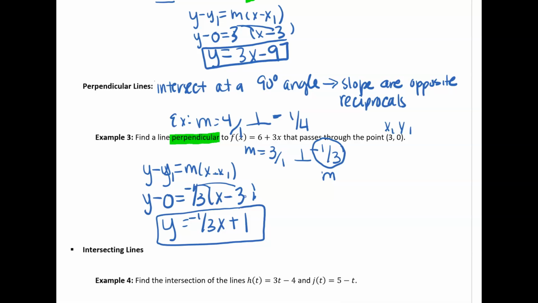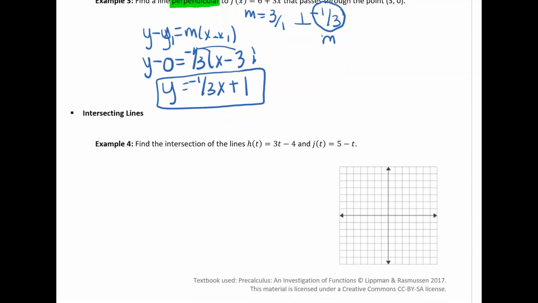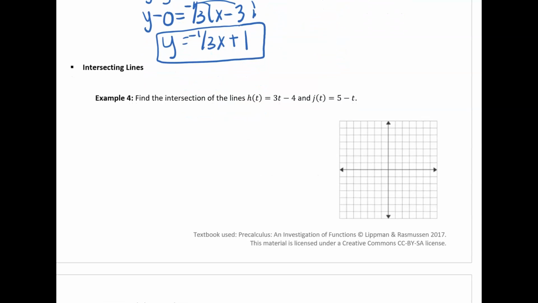So parallel, we're going to have the same slope. Perpendicular, we're going to flip it and change the sign. And then let's talk about intersecting lines.